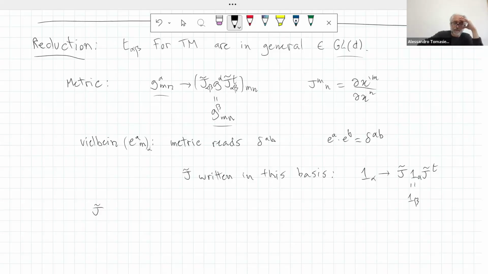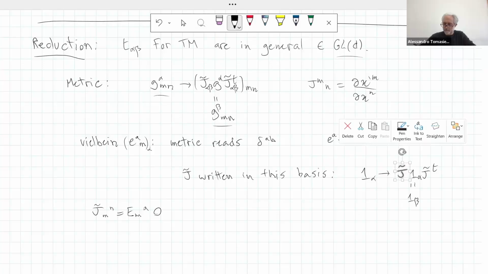Well, this J tilde Mn, we can write it in terms of a new matrix. Let's call it lambda or O. Let's change the name here.